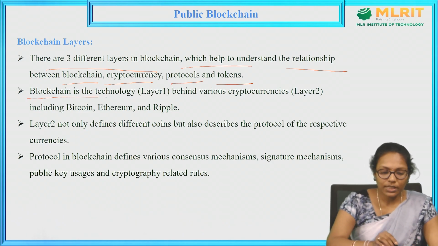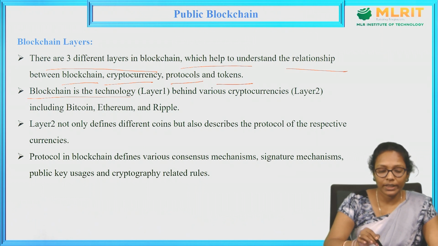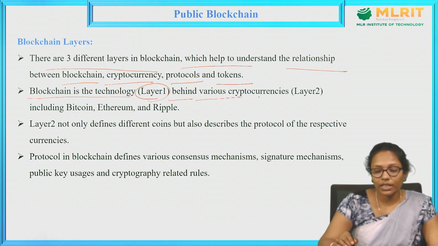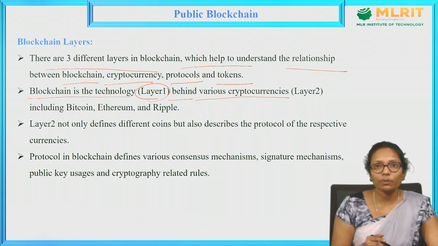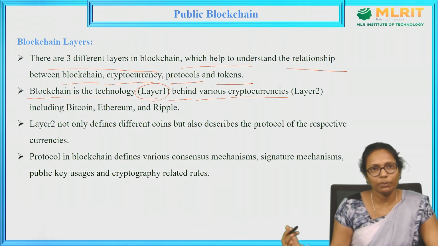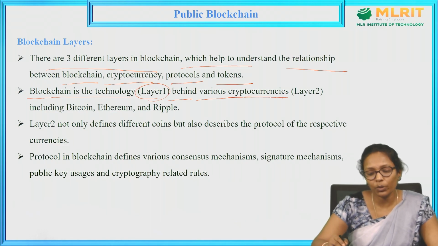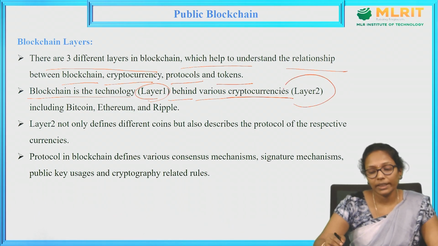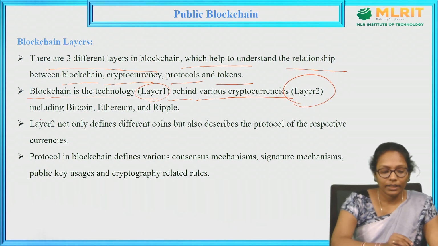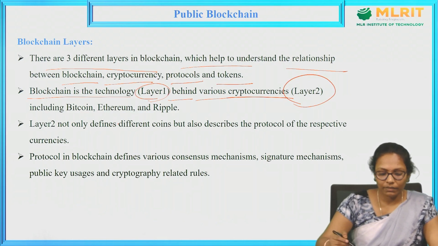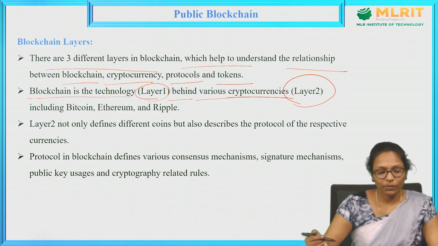Blockchain is the technology which we know already. This technology will be represented using layer 1. And behind this, various cryptocurrencies are there. Using this blockchain technology, different persons have derived different cryptocurrencies. Those are available in layer 2. And in layer 3, we have the tokens. Next, we will discuss that.